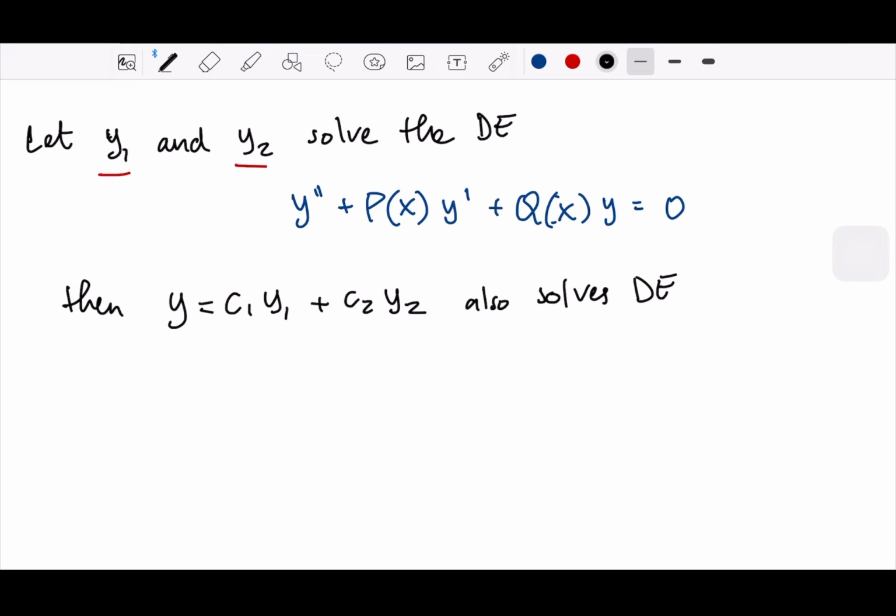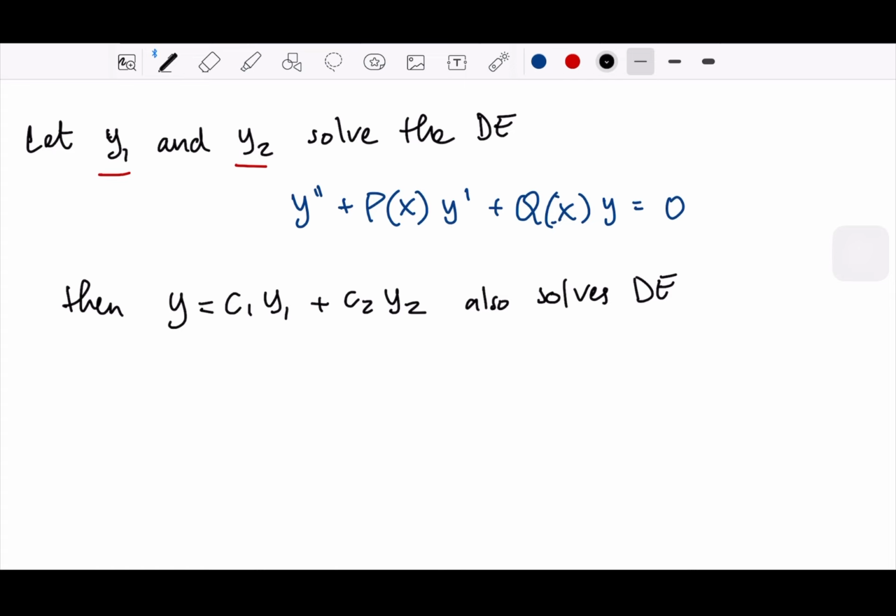To prove this to be true, it's actually pretty simple. What we are going to do is just put the expression inside the DE, take the double derivative, and substitute all y with this c1y1 plus c2y2.